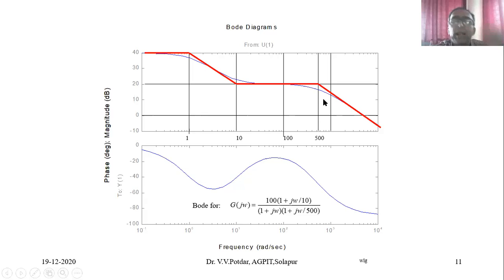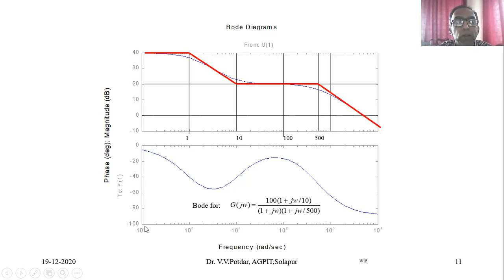There are some error corrections that are to be made. We are not getting into details, but if I execute my MATLAB program, I'll get both the approximate magnitude plot and the exact magnitude plot. Similarly, the phase angle plot: the x-axis is once again omega, and the y-axis is phase angle in degrees.